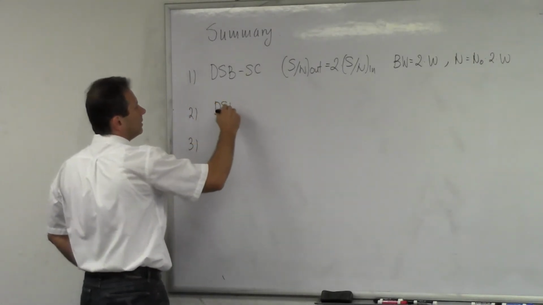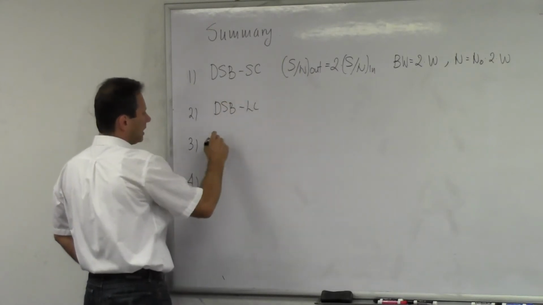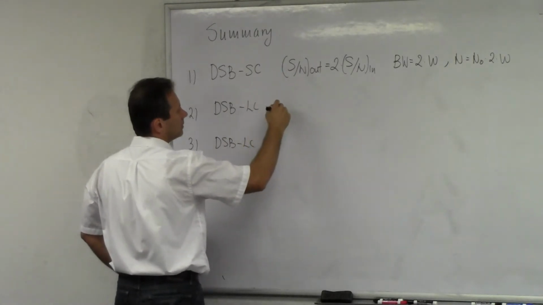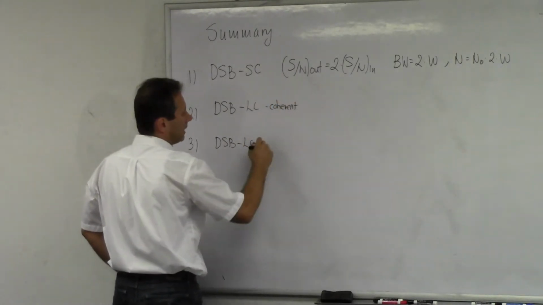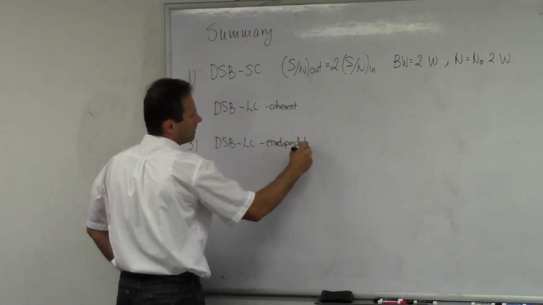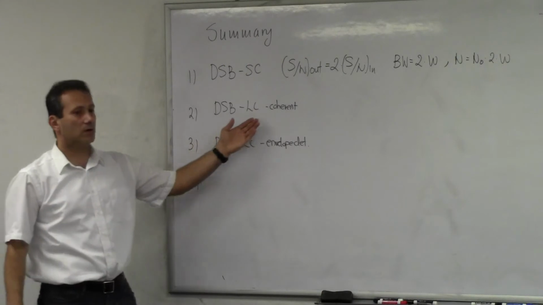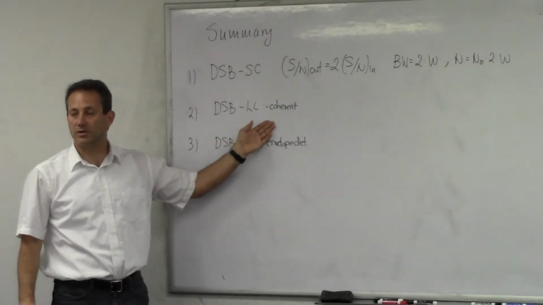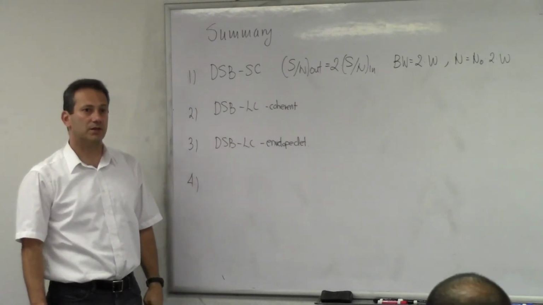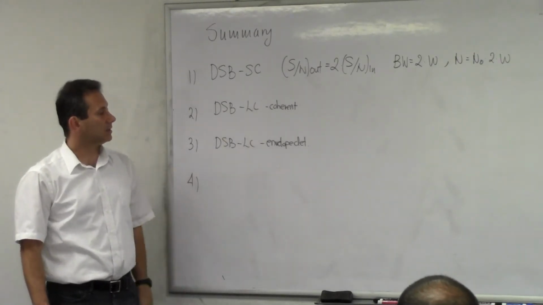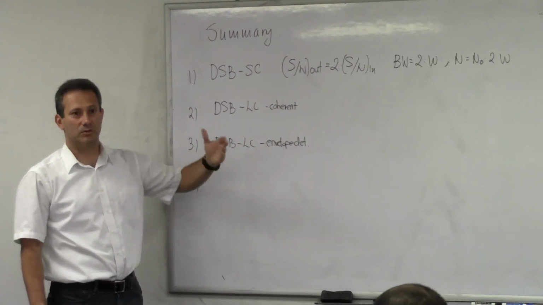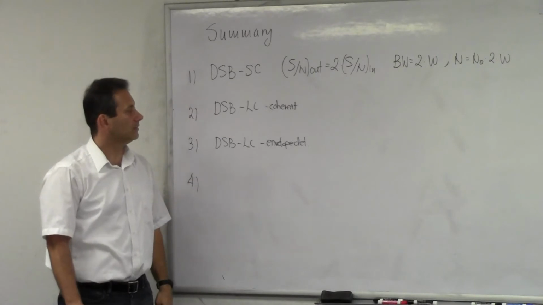Double sideband large carrier, we had 2 options. We have coherent and envelope detector. Right? Coherent means that you are demodulating by using a locally generated carrier that has the same frequency and phase as the incoming. That's the easiest way mathematically, but it's relatively hard practically because you need to extract the frequency and the phase.